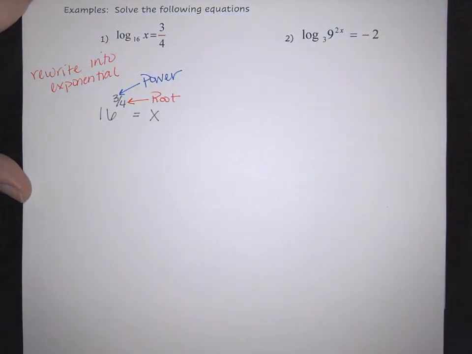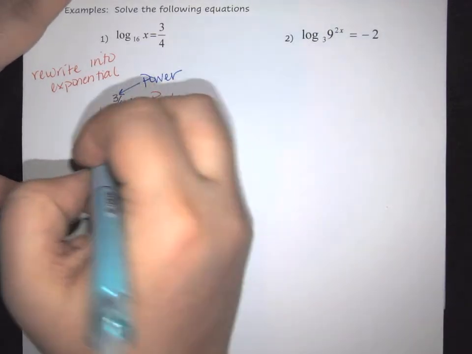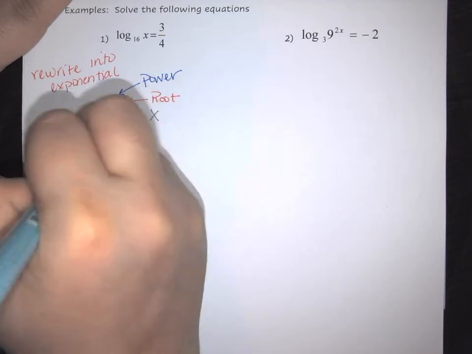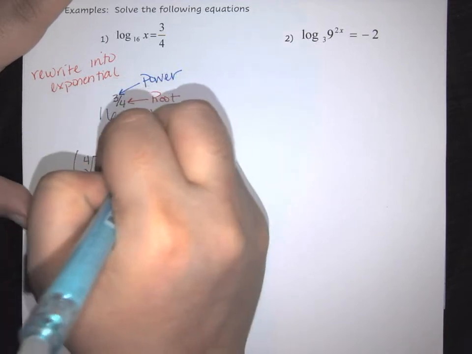So in this case, we would use the exponential rule and rewrite it so that we have the 4th root of 16, and then we cube that to equal x.